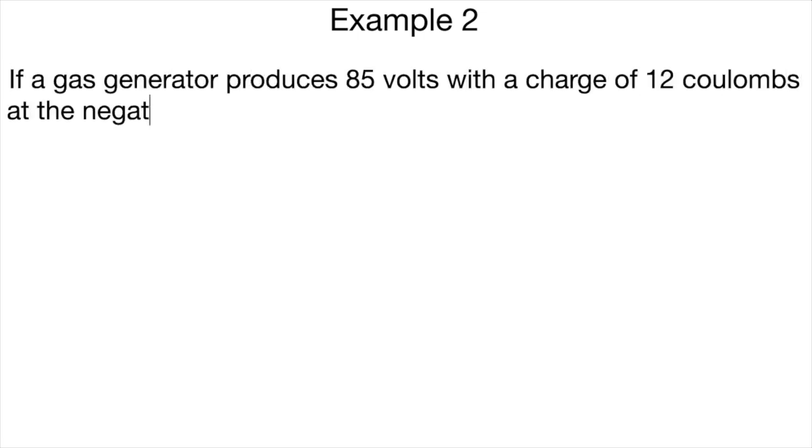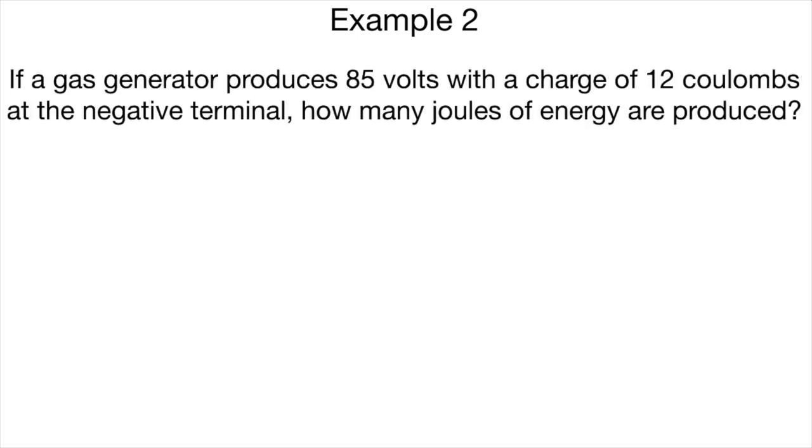Example 2. If a gas generator produces 85 volts with a charge of 12 coulombs at the negative terminal, how many joules of energy are produced? Given. We are given the voltage V as 85 volts and the charge Q as 12 coulombs.